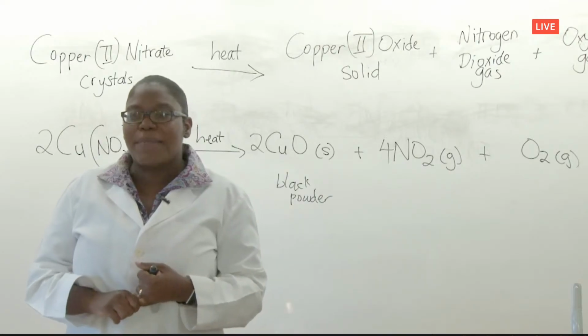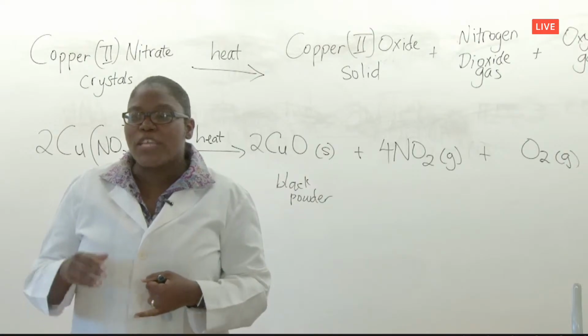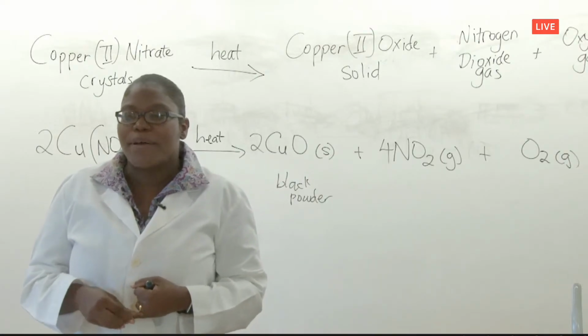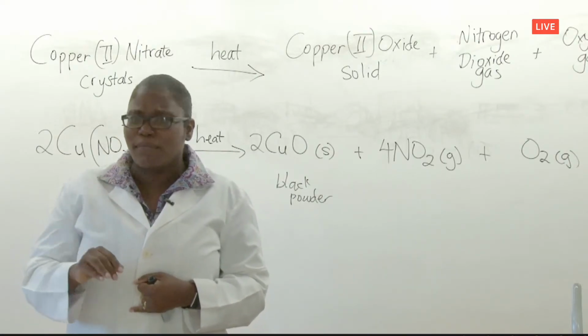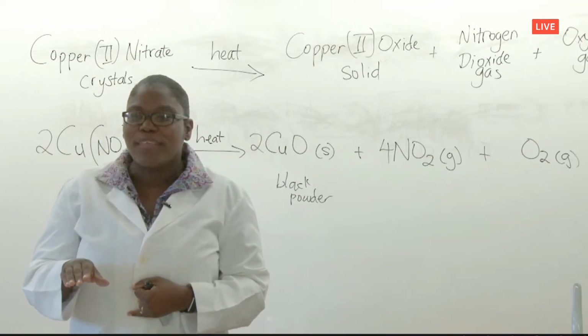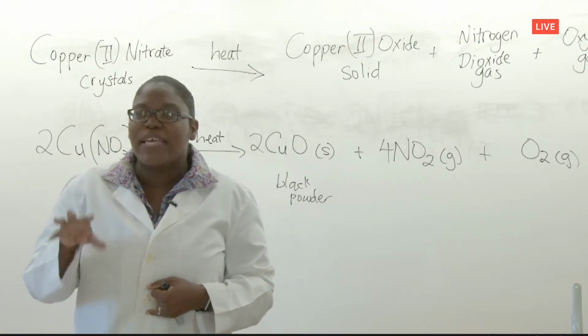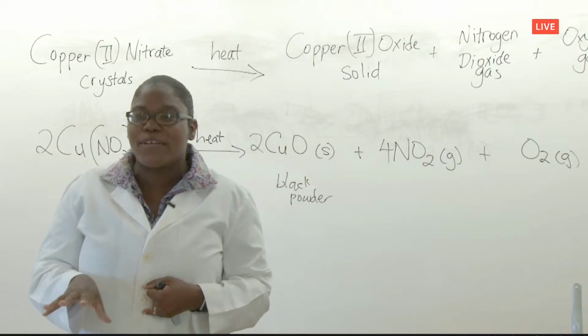If you're going to balance a chemical equation, you need to follow the steps. Remember, write the equation in words. Then you're going to convert those words into chemical formulae and state symbols.